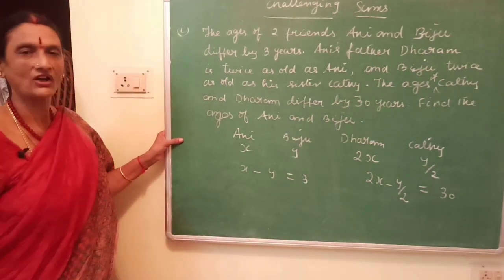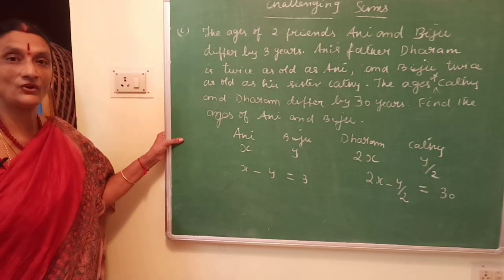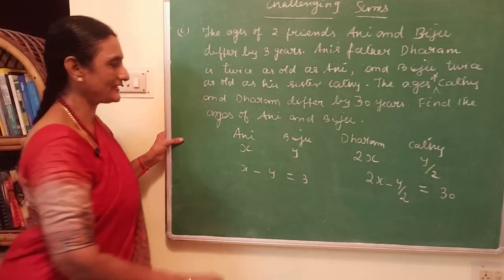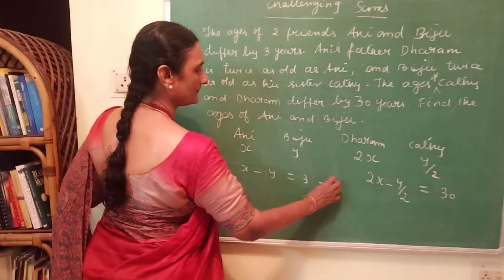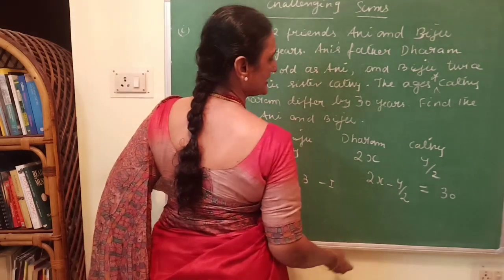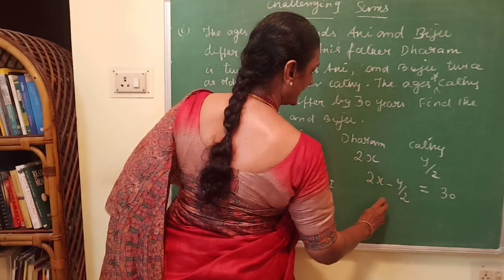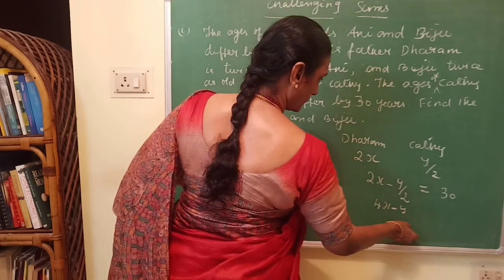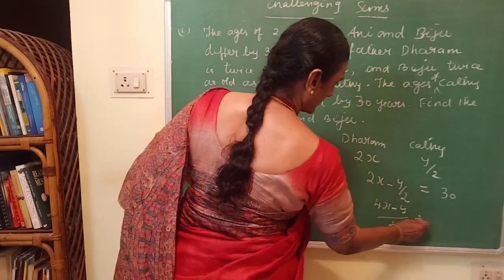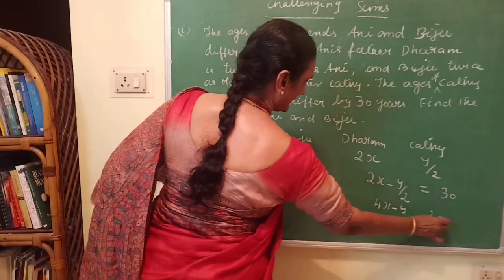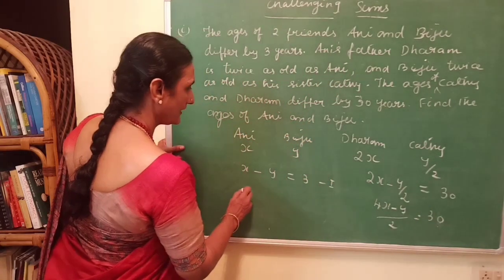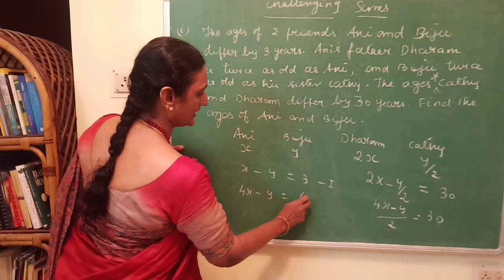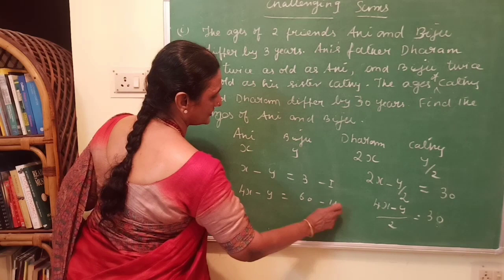We will try to solve and see whether you are getting the comparison correctly or not. So let it be equation 1, and then 2x minus y by 2, that is, we have to balance 4x minus y by 2 here, equal to 30. So on comparison and balancing, we will get 4x minus y is equal to 60. Let it be equation 2.